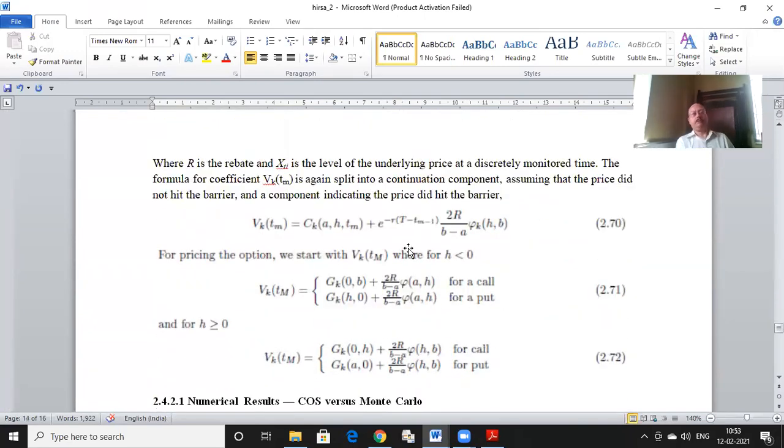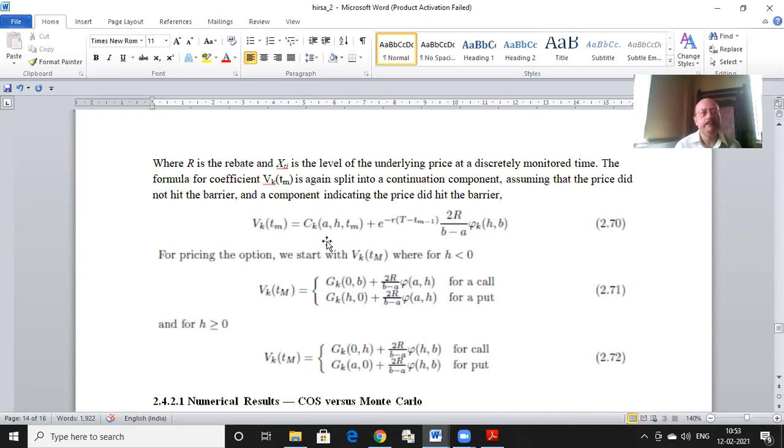Those expressions can be done using two parts. Earlier, the two parts were whether I exercise or I continue. Now the two parts are whether the stock price hits the barrier, so the contract terminates, or it stays below. So my VKTM has these two components.